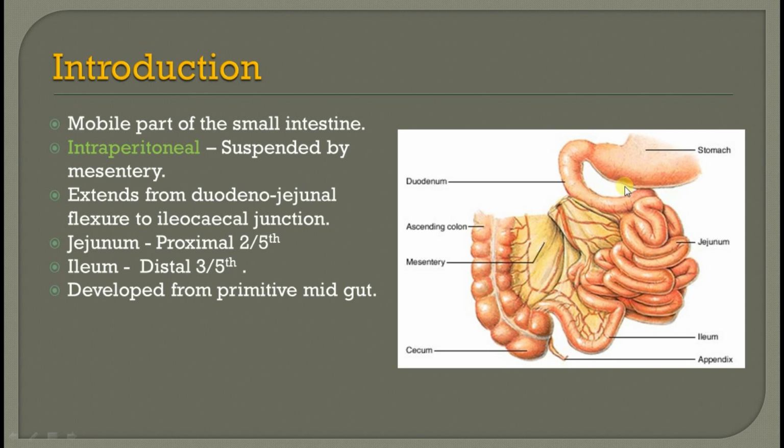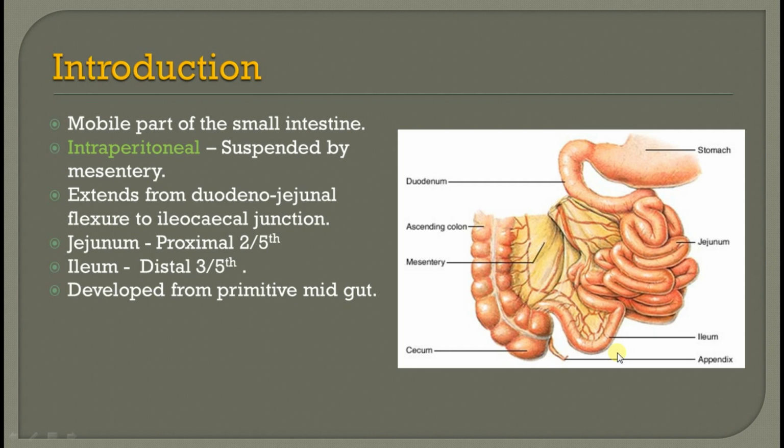The coils of jejunum are contained within the borders of the colon in an inverted U shape. It is bordered by the ascending colon, transverse colon, descending colon and the sigmoid colon, so three and a half sides.